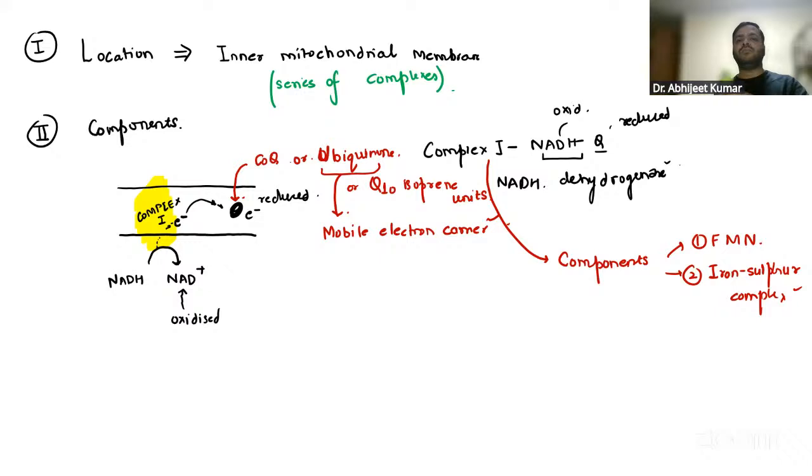Now, coming on to complex 2, we actually have five complexes: 1, 2, 3, 4, 5. So let us now discuss complex 2.